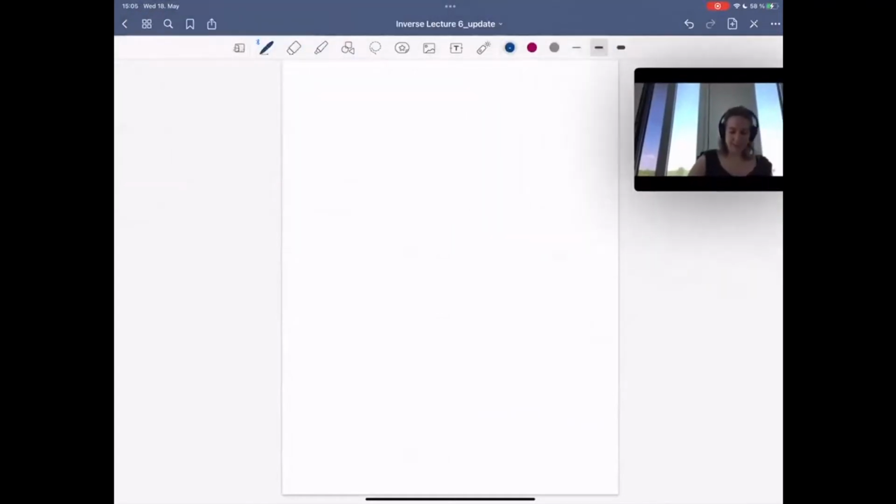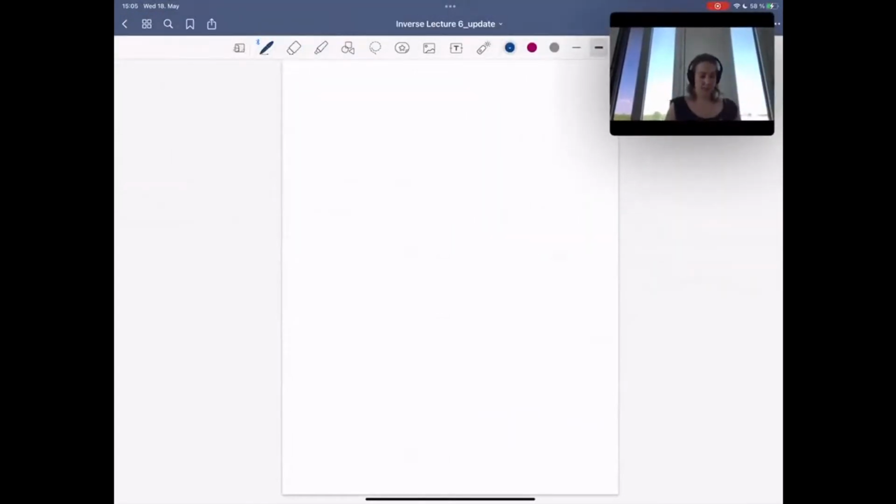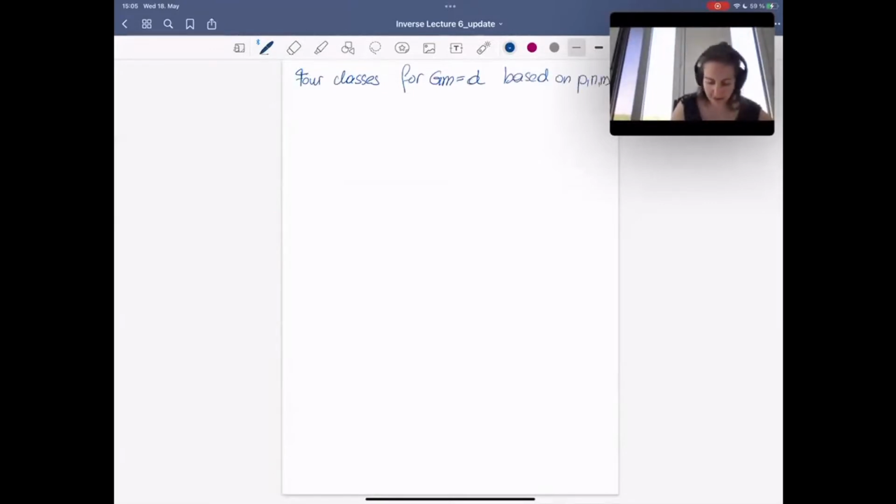Now let's start with a new page. This actually leads us to 4 classes for our system of equations Gm equals d based on the matrix size, based on the shape of the vector m and our data vector d, based on p, n and m.